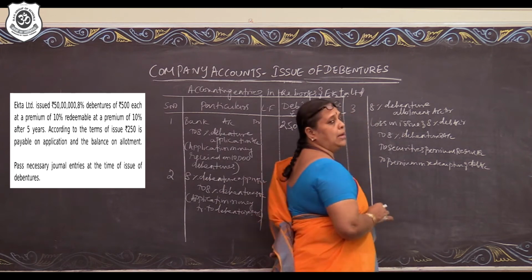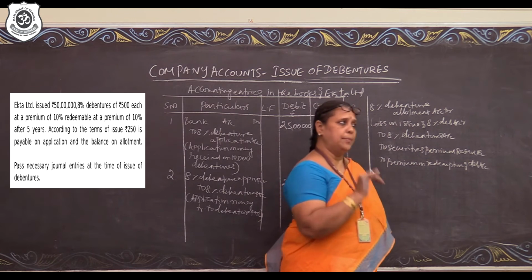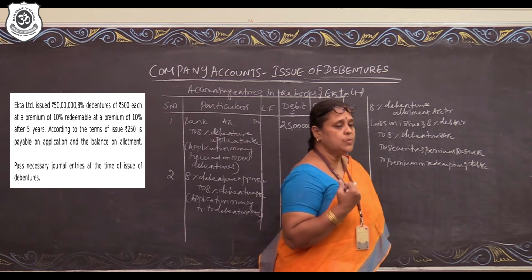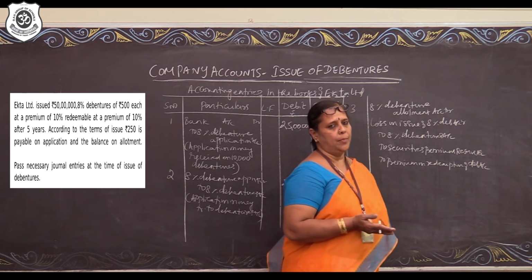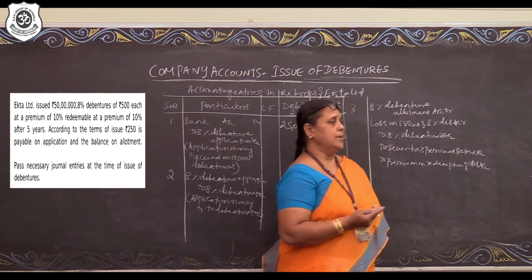So, you have the remaining 250 rupees plus premium. Securities premium is 10%. Premium on redemption is also 10%. But securities premium will be received along with allotment. Premium on redemption is adjusted against loss on issue of debentures account.